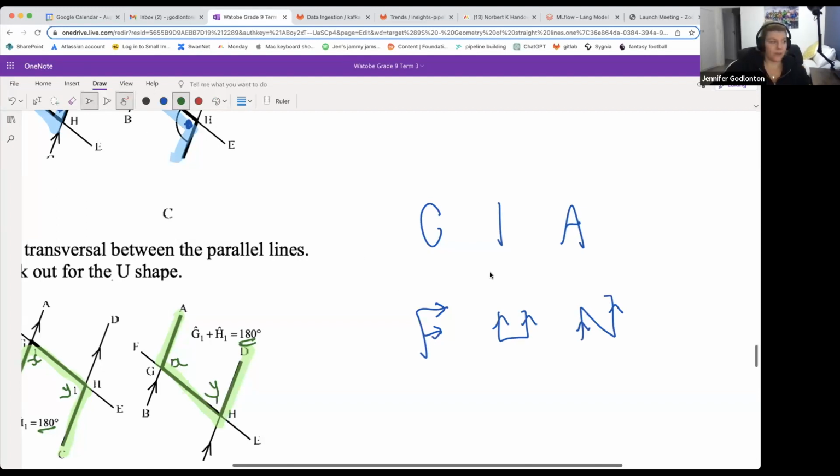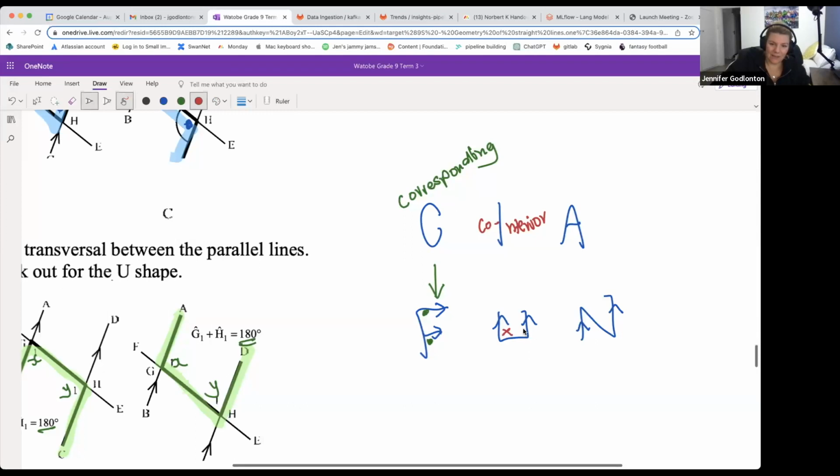Okay, so first one, C stands for corresponding. So in the CIA, the C is F, corresponding angles. I is for interior, so it's our co-interior.